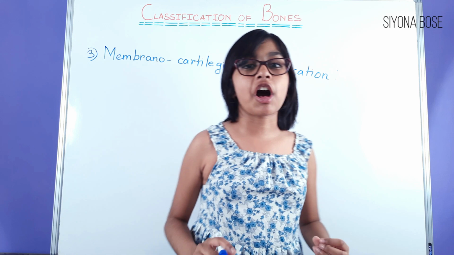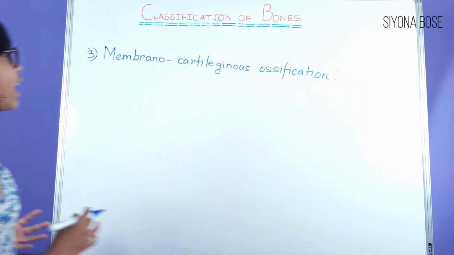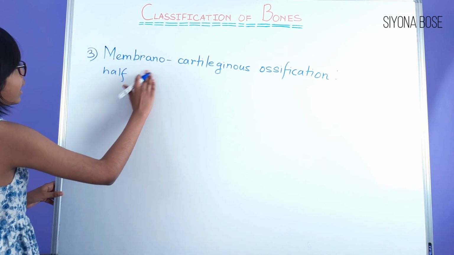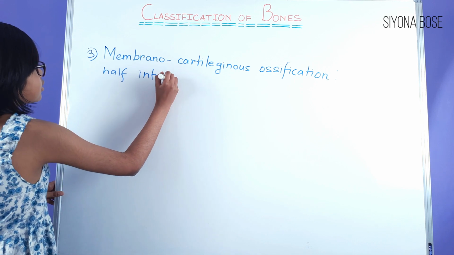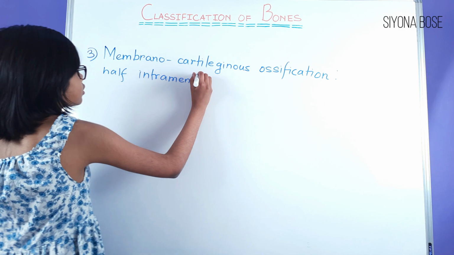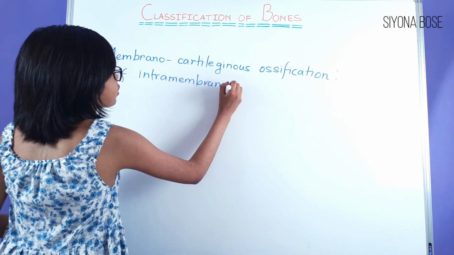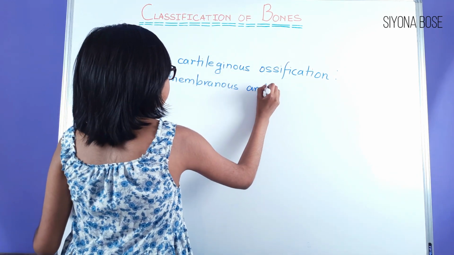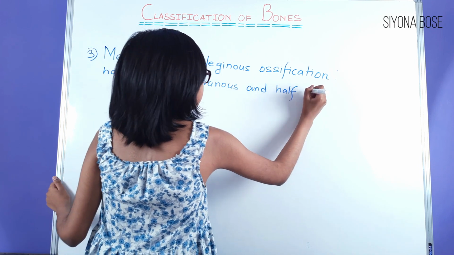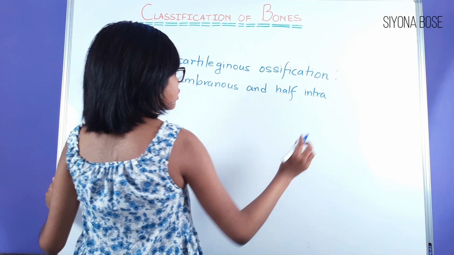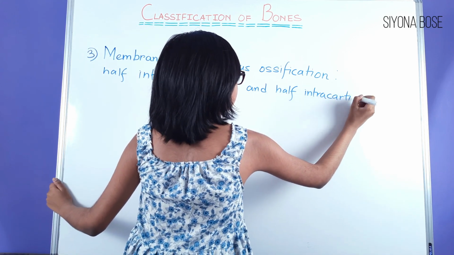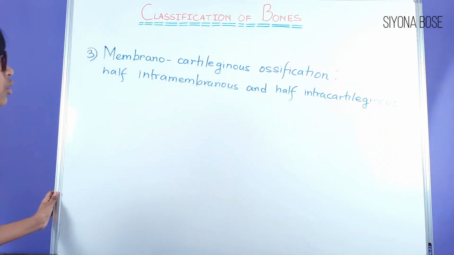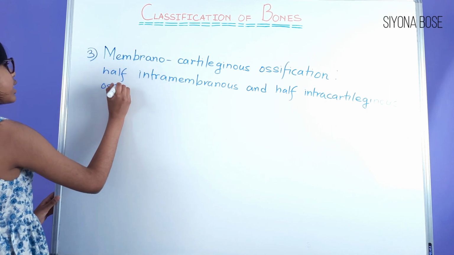The membrano-cartilaginous ossification means it is half ossification from membrane, actually half intramembranous, and half cartilaginous, intracartilaginous ossification.